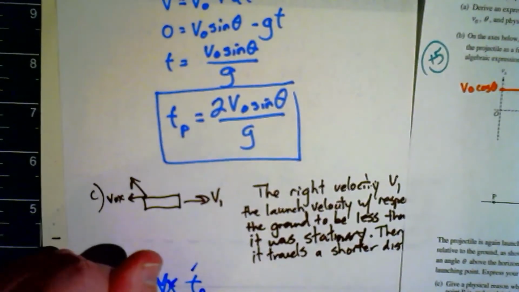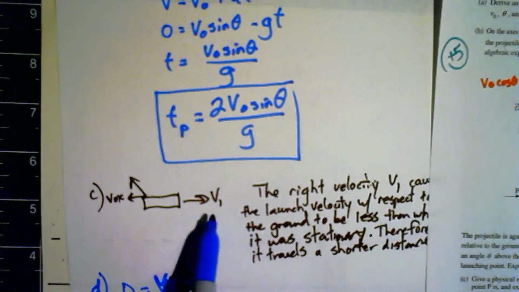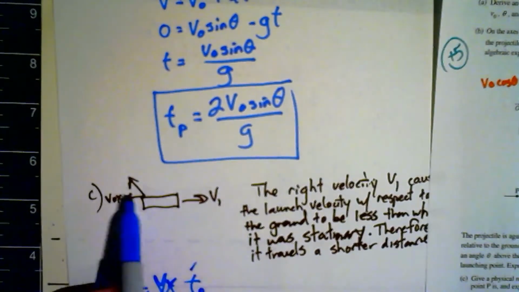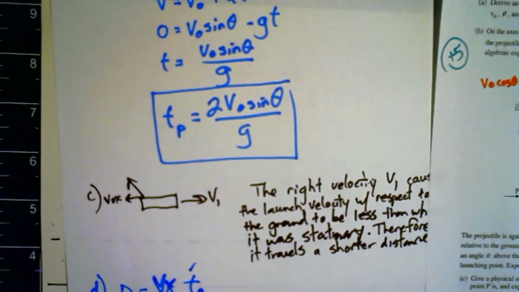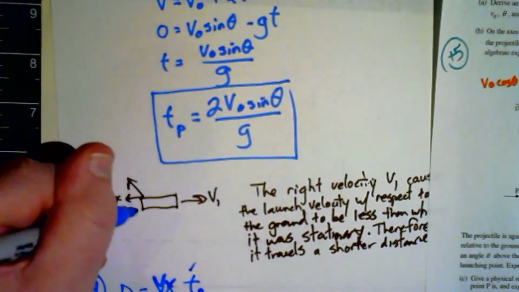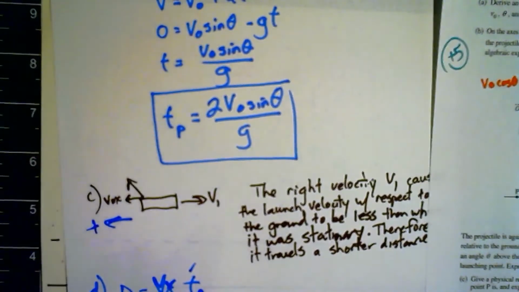However, the velocity in the x direction is different. In this case, the velocity in the x direction is the difference between this horizontal velocity going to the right and the initial velocity in the x direction going to the left. So Vx is equal to v0 cosine theta, and I'm assuming Vx is going to the left because this projectile is launching to the left. I'll call that a positive direction.